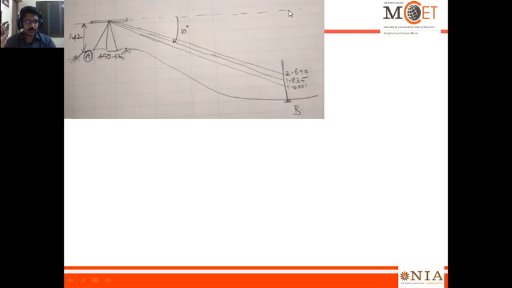It goes up to this. From here to the center reading is considered as capital V, the vertical difference. From this center to the ground we denoted as R, or it may be given as H also, right?